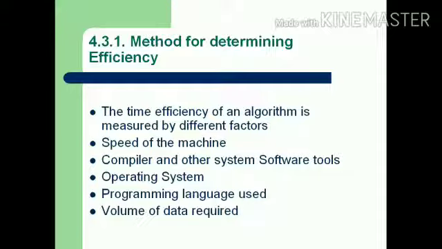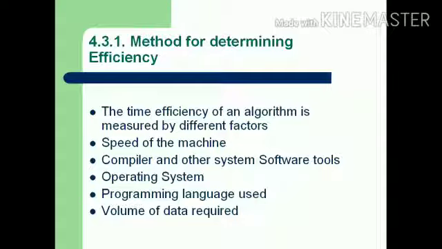But if you are using a low version of machine, then the speed of the CPU is also reduced and time consumption increases. Number two, the compiler and other system software tools which we use for running or executing a program also play an important role in the time consumption, because if you are using an older version of compiler or system software, it may take more time.